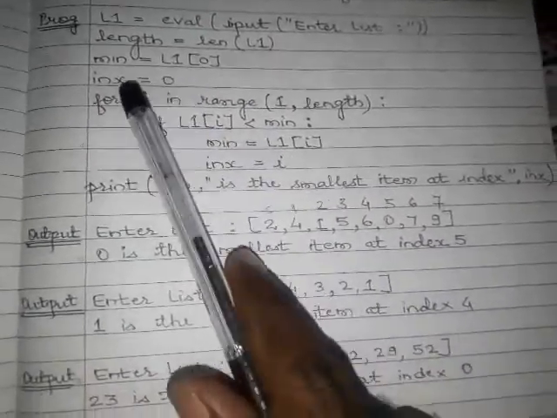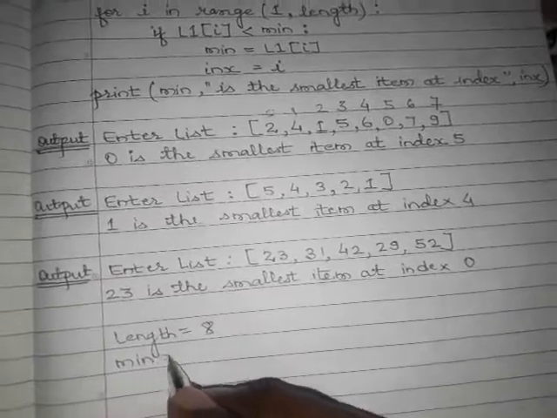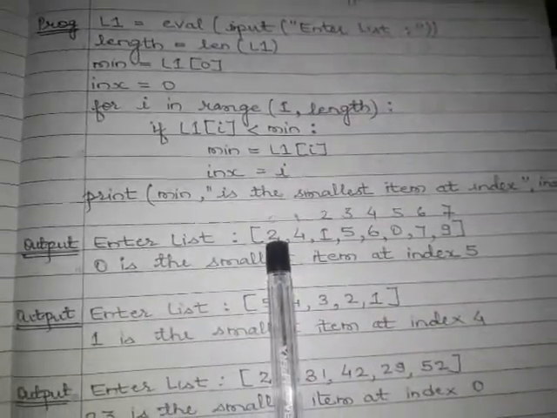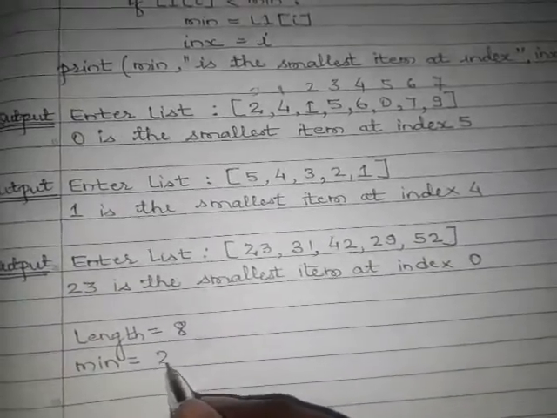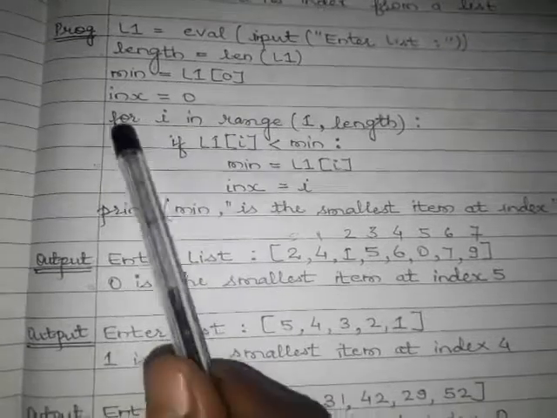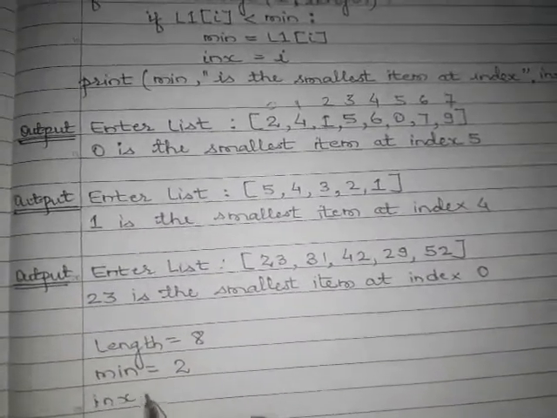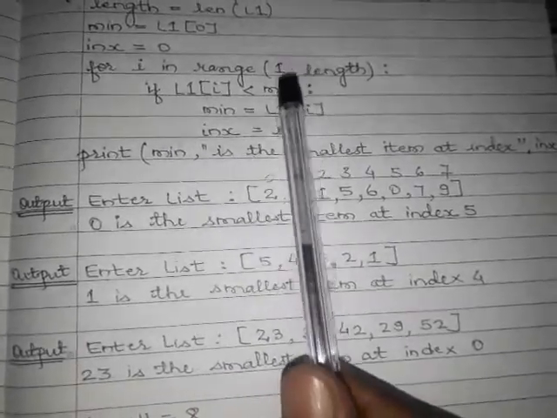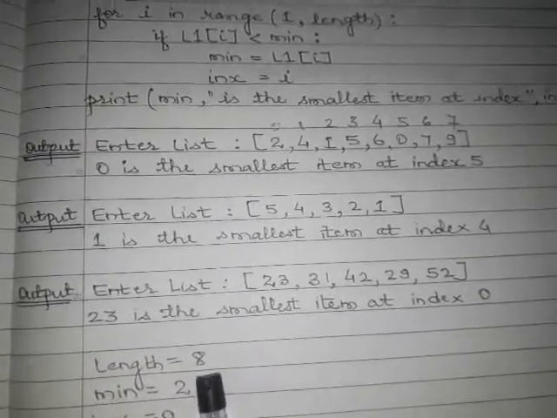So minimum will be L1 of 0, which is 2. So minimum will be 2, the first element of the list. INX equals 0. Now for I in range, I will start from 1 to length. Length is 8, so it will run from 1 to 7.